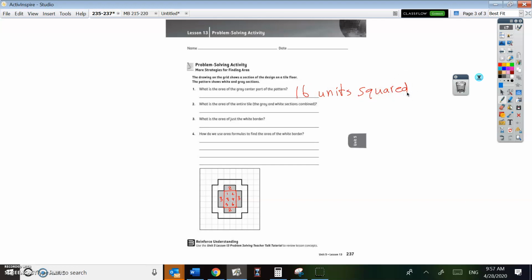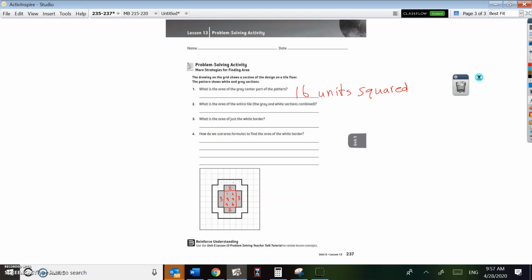What is the area of the entire tile, the gray and the white sections combined? So we already know that this is 16, the gray on the inside, so 17, 18, 19, 20, 21, 22, 23, 24, 25, 26, 27, 28, 29, 30, 31, 32, 33, 34, 35, 36, 37, 38. 38 units squared, and we're squaring it, remember, because it's a measurement of area.